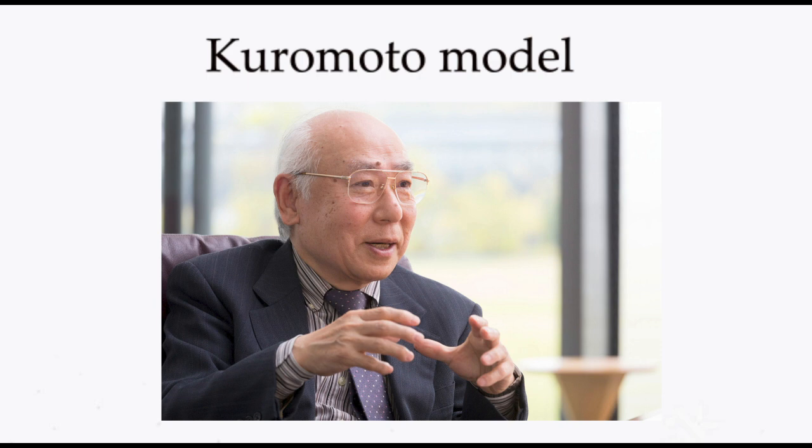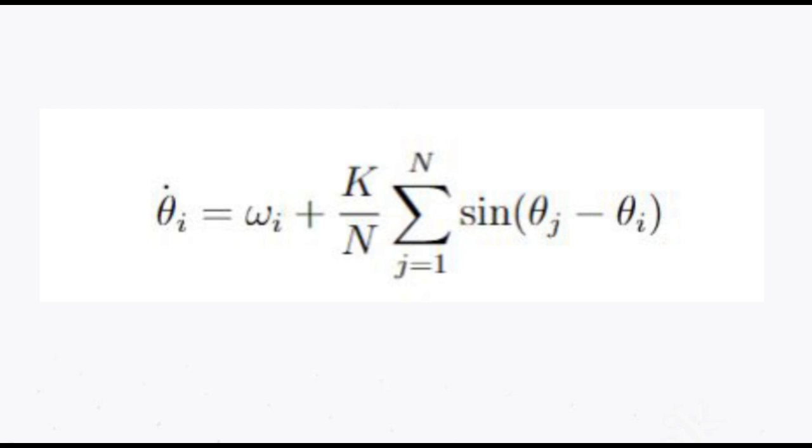To understand this model, let's consider n coupled oscillators. Let the phase of the ith oscillator be theta i and the intrinsic frequency be omega. Let's define a coupling constant k that describes the strength of correlation between these oscillators.